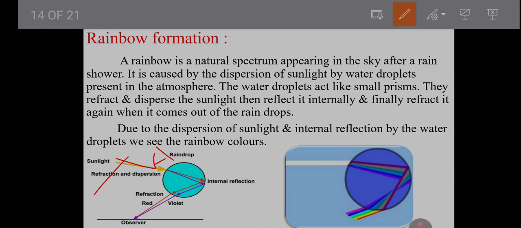And in the water droplet, the same medium, it is called reflection. Internally, in the water droplet only, the reflection takes place. That's why it is called internal reflection. This is taken as point B. And finally, it refracts and gives the band of color that is taken as a spectrum, or you can take it as a rainbow.